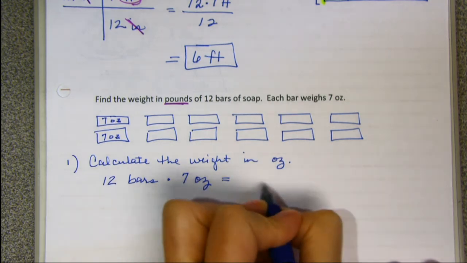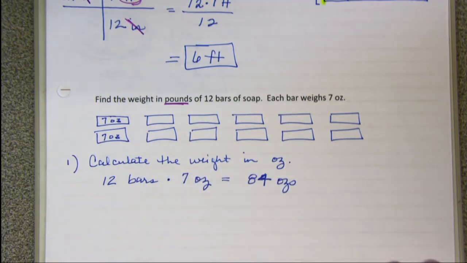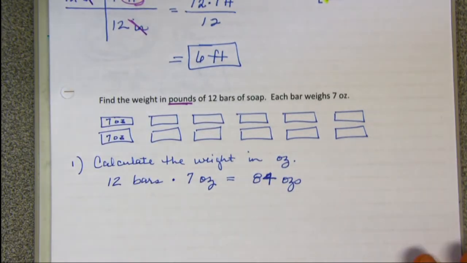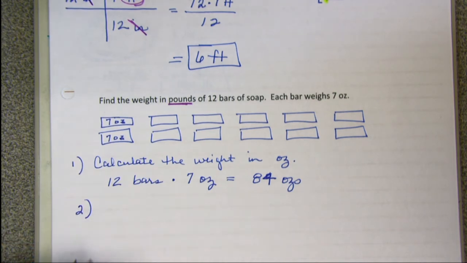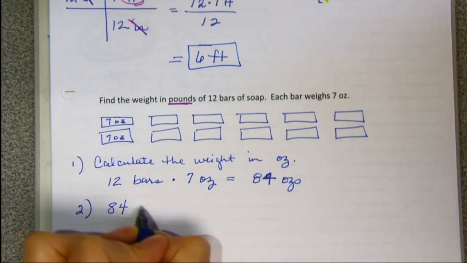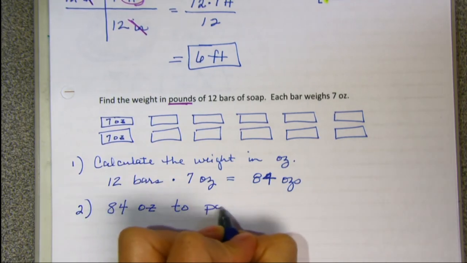So 12 times 7, so we have a total of 84 ounces. So all of these bars together weigh 84 ounces. So then what we're going to do is we are going to convert our 84 ounces to pounds.